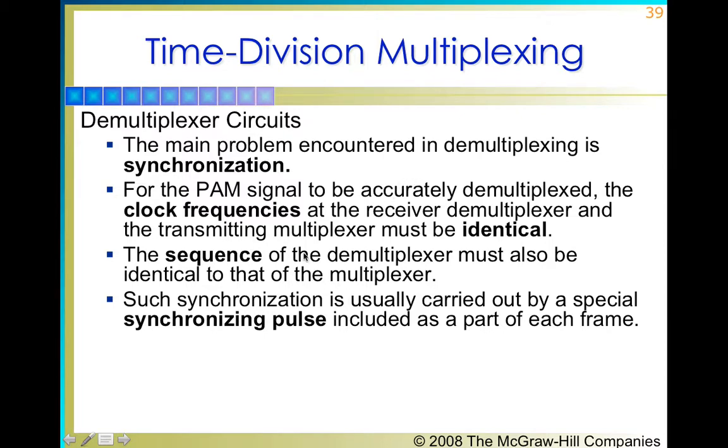And in this way, when the clock frequencies are matched, then the sequence of data at the transmitter will be the same as the sequence of data at the receiver, and the multiplexer and demultiplexer will be doing their operation in an ideal manner. And in order to resolve the synchronization problem, we can use a synchronizing pulse in each frame.